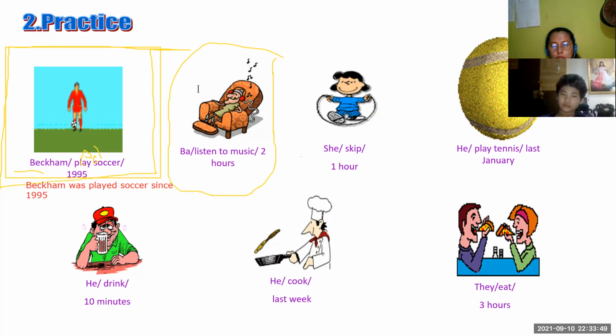How about number two? Ba listens to music for 2 hours. Okay, good. How about here? She skipped 1 hour.